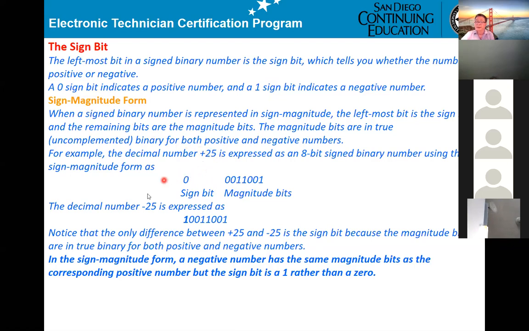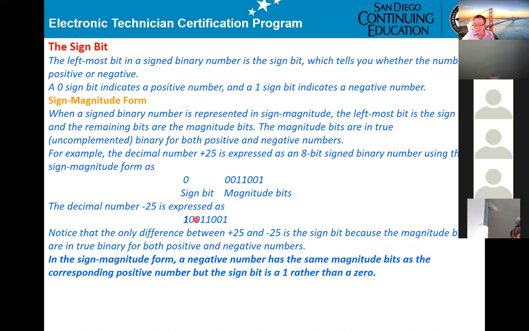Okay, the decimal number minus 25 will look like this. First thing, the number 1 here tells you the number will be negative. Second, from bit 7 down to 0, that will be the magnitude.